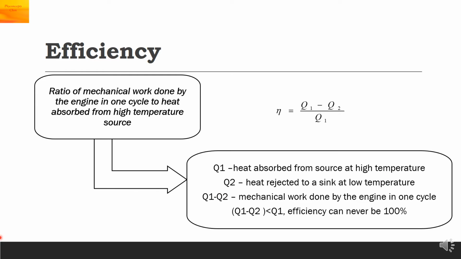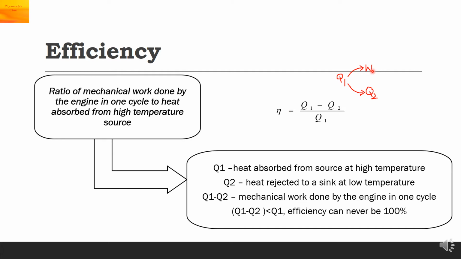So Q1 is the heat that is supplied to the engine. Out of this, some part of the heat is used and converted into work, which we denote as W, and the remaining part of the energy is rejected. We denote it as Q2. So from here we can find the work done.